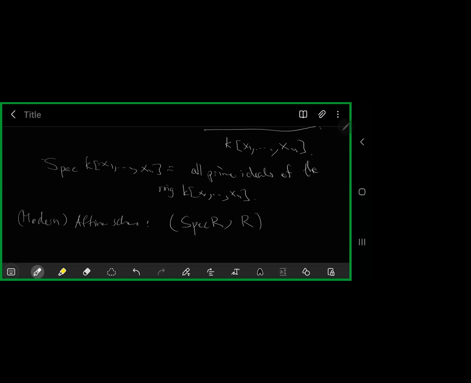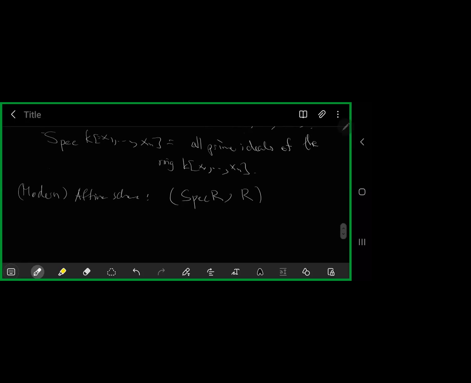Right now it's just a set. The topology is the minimal one that makes all the functions continuous. And for that, you just need to say that where the functions vanish, that's a closed set. Okay. So that gives a topology on Spec R.